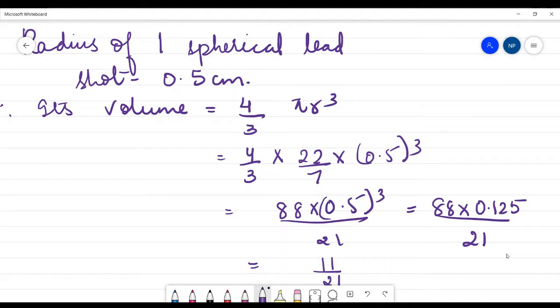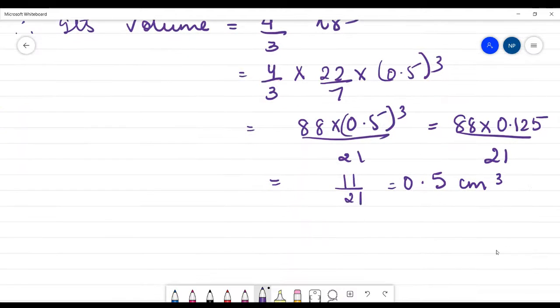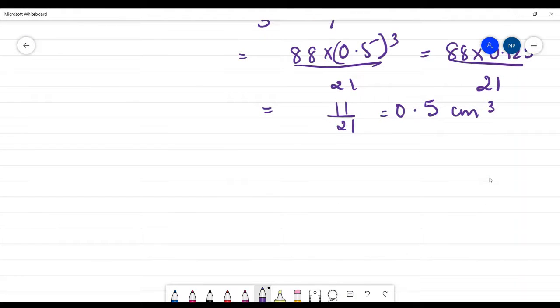So 11 divided by 21, we get the answer as 0.5 centimeter cube. Since the answer is 0.5 centimeter cube, let us find out the number of lead shots that can be dropped in the vessel.